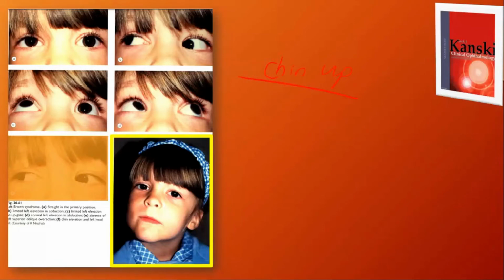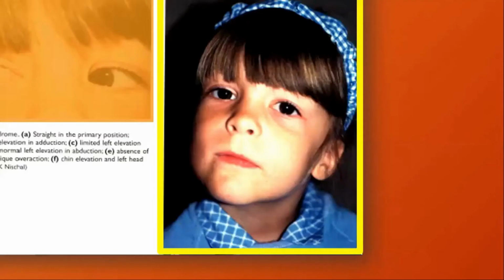And there is a general rule, and it will help you. It's like a mnemonic. It helps you to remember the abnormal head posture. Regarding the tilt, the head tilt is generally on the hypotropic side. By the way, this is a left Brown syndrome. The left eye is the affected eye.